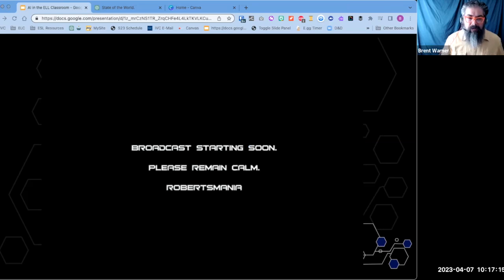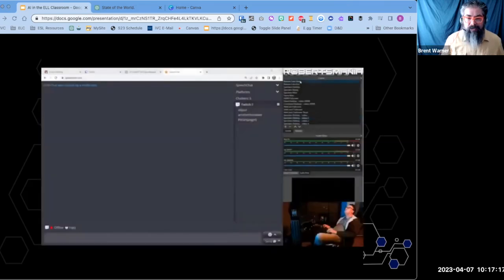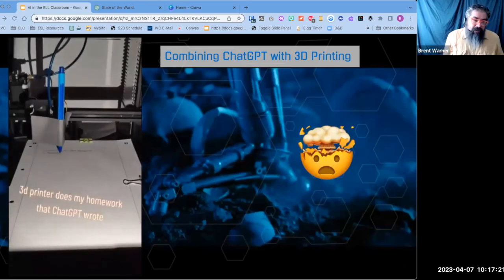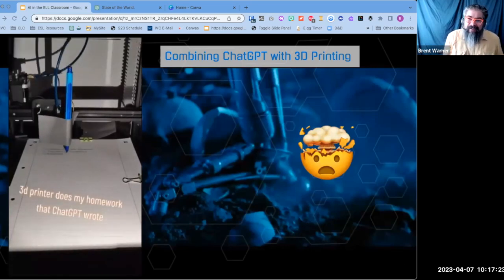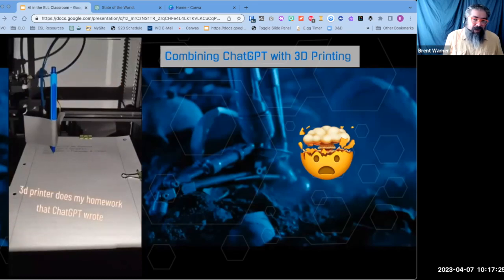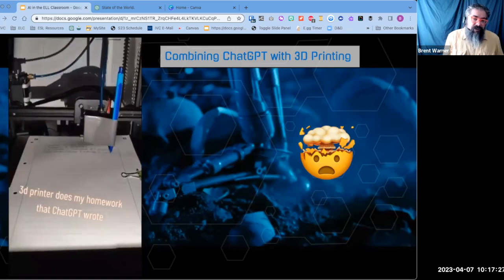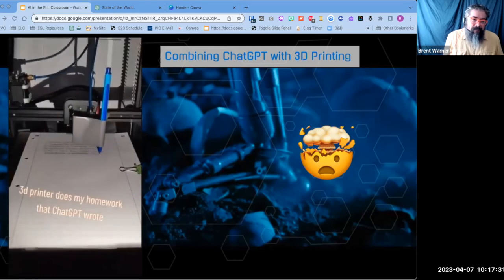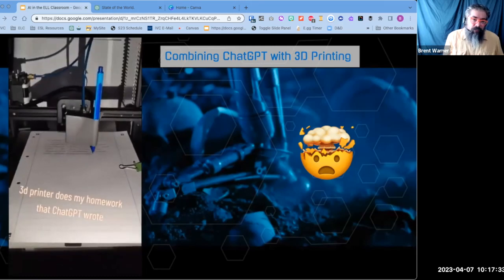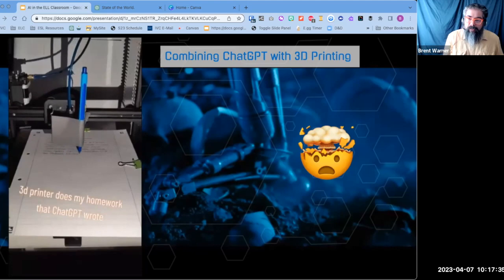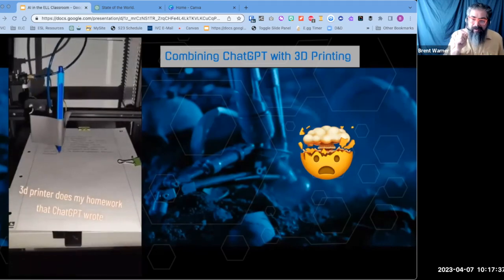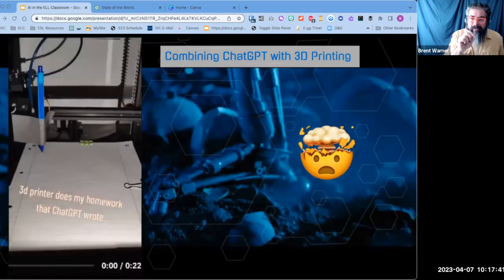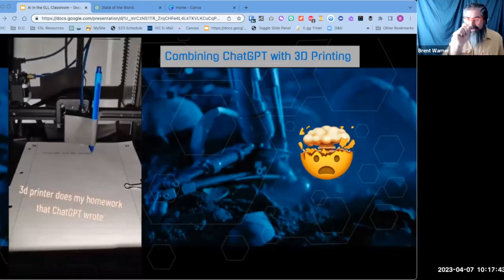Okay, let's look at the next use case we saw here. So teachers are saying, well, we're going to move our things to paper. So some kid out there figured out a way to program his 3D printer to write his paper with a pen on the piece of paper, and then he put in his ChatGPT prompt and had it write out what he was getting at with this.